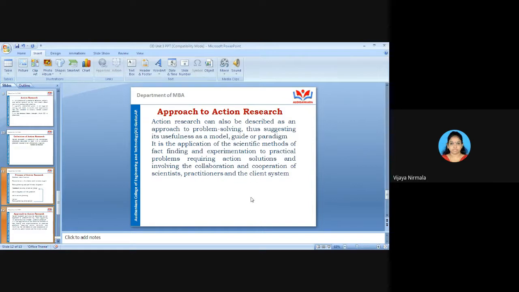So in simple terms, action research gives various solutions to the burning problems of the organization, and it also adds more scientific knowledge to the theory.